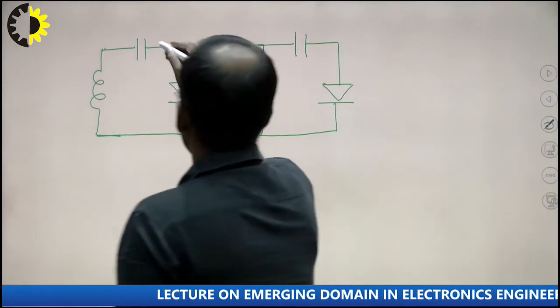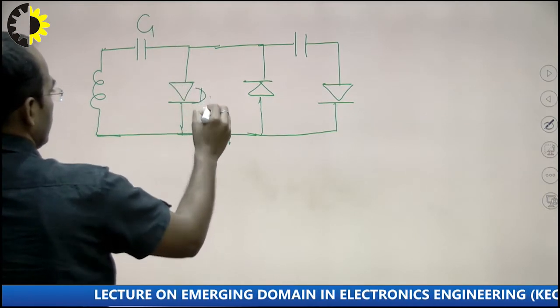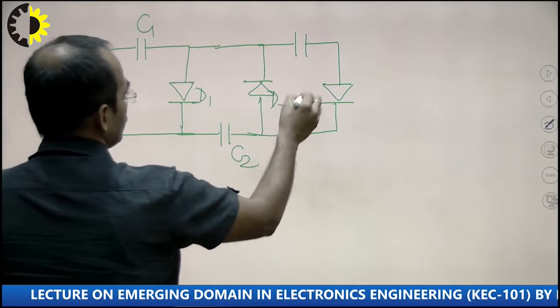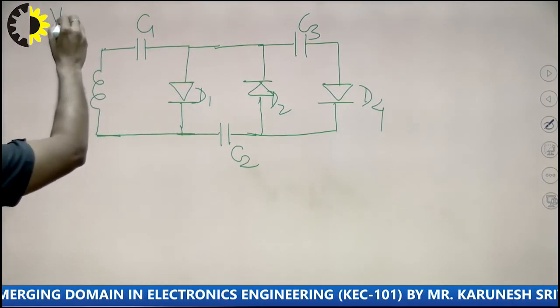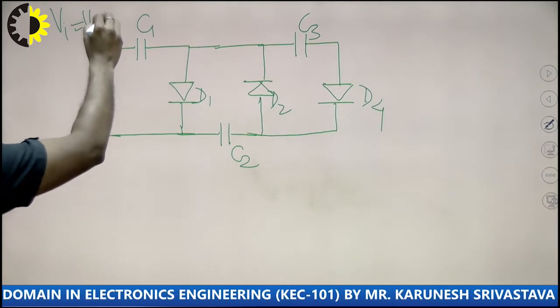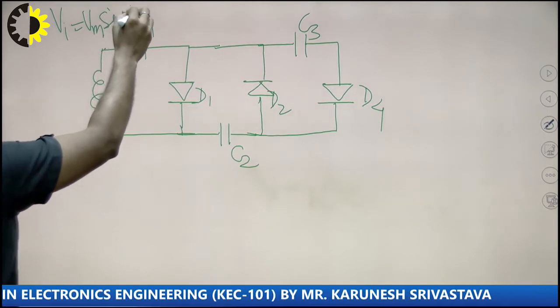Okay. So this is capacitor C1, this is diode D1, this is capacitor C2, diode D2, C3, D3. The input is Vi equal to Vm sin omega t.